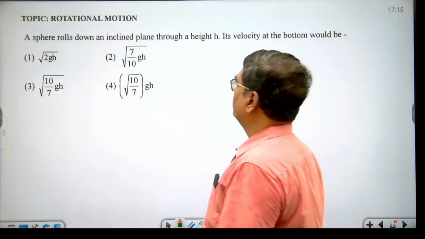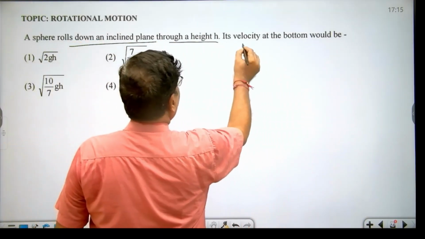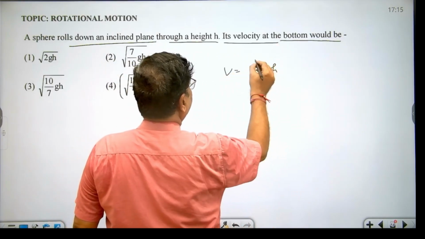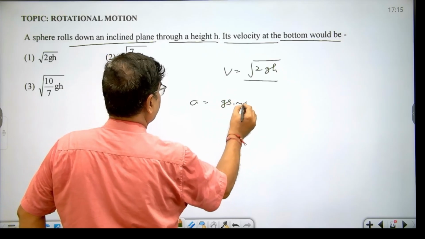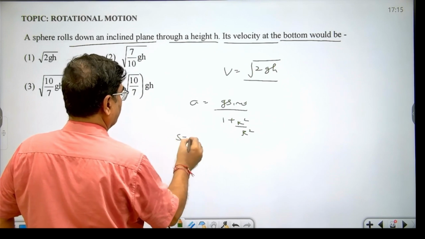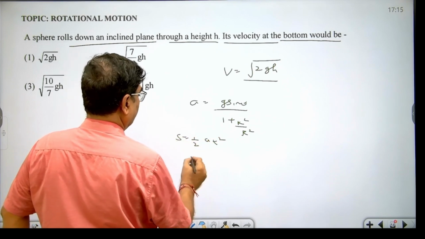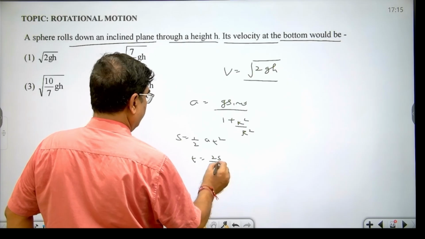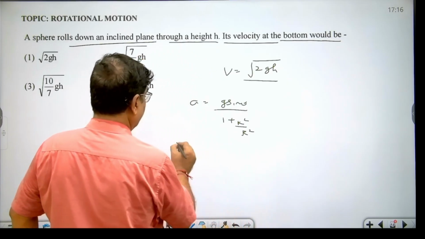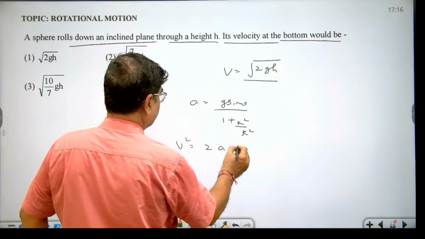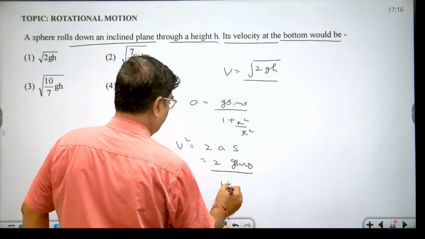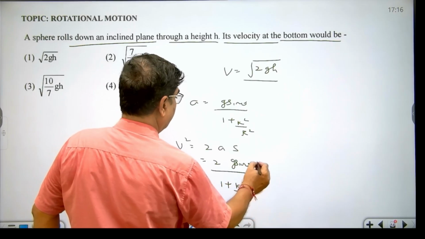A sphere rolls down the inclined plane through height h. Its velocity at the bottom would be, since acceleration equals g sin theta upon 1 plus k square upon r square, and s equals half at square. So t equals 2s upon a. So we can find v square equals u square plus 2as. a means g sin theta upon 1 plus k square upon r square, into s.